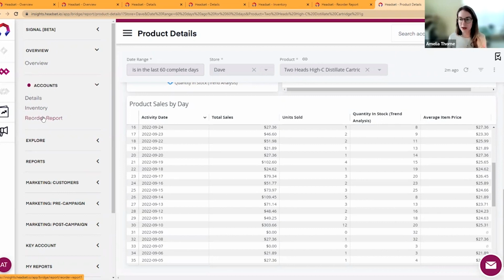This is a really great place to start when you're just getting acquainted with the Bridge platform, trying to understand where your sales are at, what products are performing well, which ones maybe aren't, and what you can work with your retailers on in terms of pushing products out the door, replenishing stock where it needs to be, things like that.